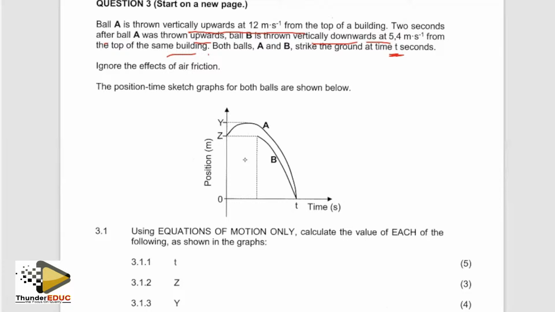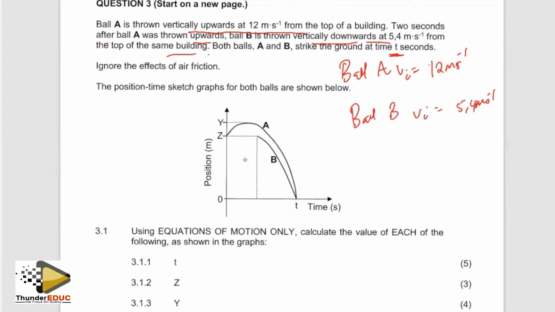We have the position time graph. Let's summarize this: if we have ball A, the initial velocity is going to be 12 meters per second. Then ball B, the initial velocity is going to be 5.4 meters per second.